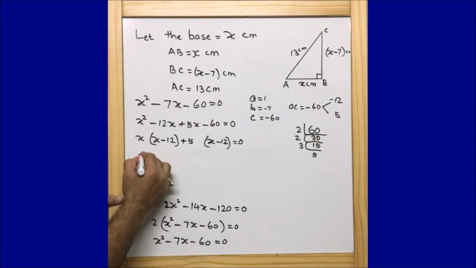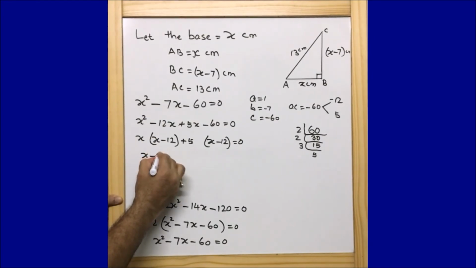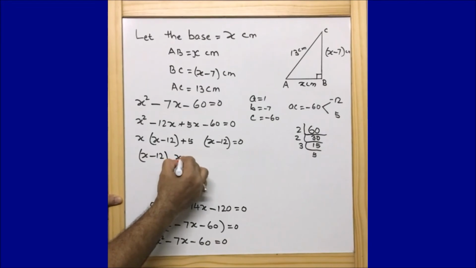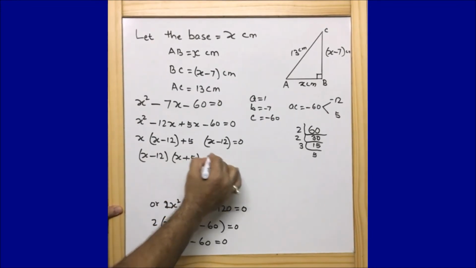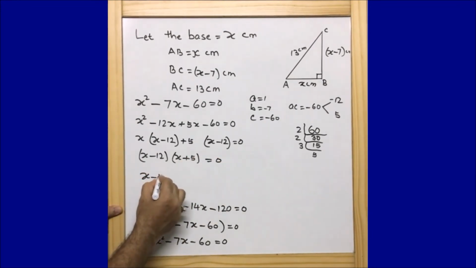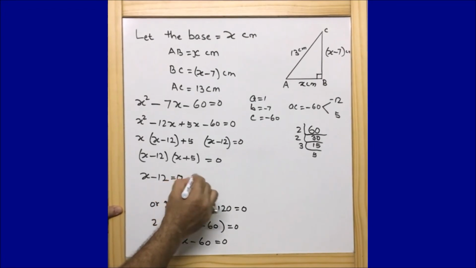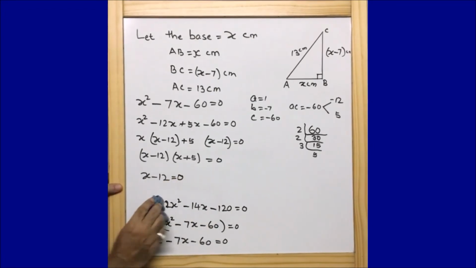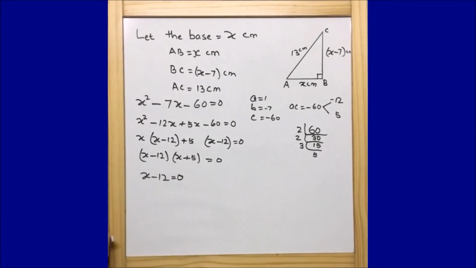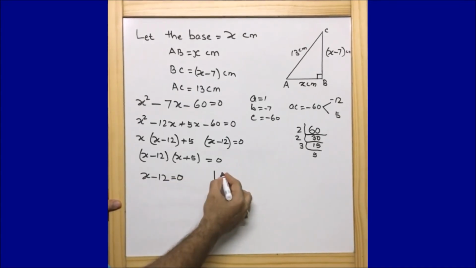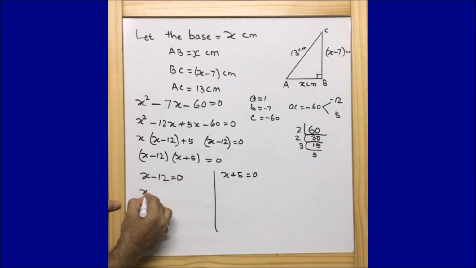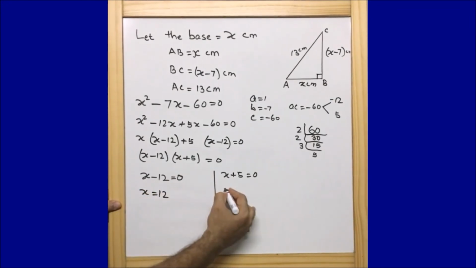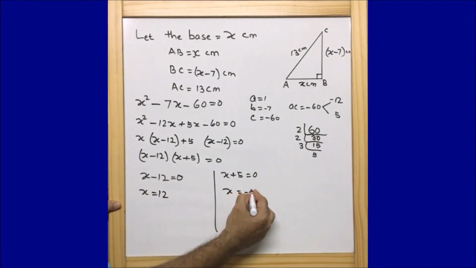That means we got the two factors as x minus 12 as one and the other is x plus 5. So I can say x minus 12 is equal to 0, one equation, and the other equation is x plus 5 is equal to 0, or I can write here x is equal to 12, and the other x is equal to minus 5.